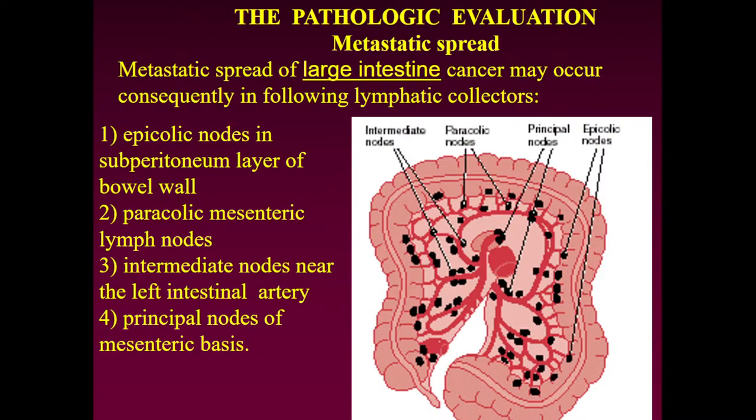Paracolic mesenteric lymph nodes. Intermediate nodes near the left intestinal artery. Principal nodes of the mesenteric bases.